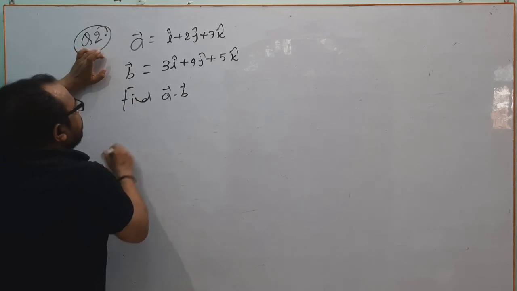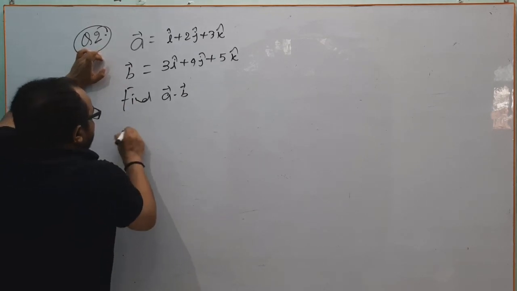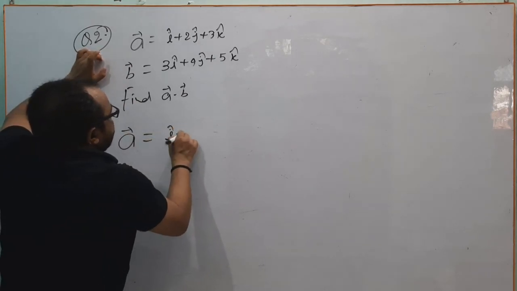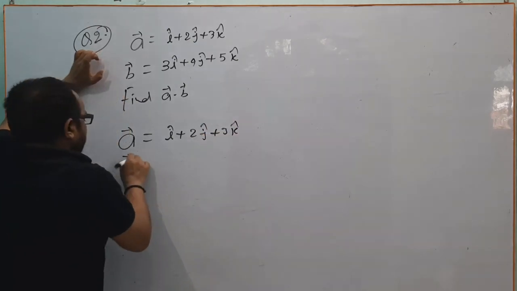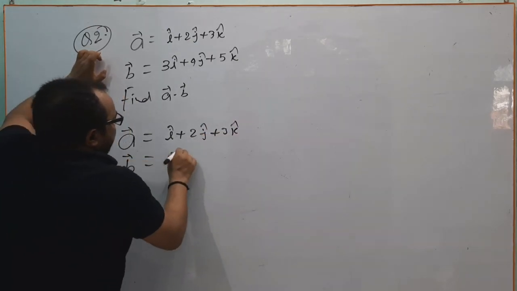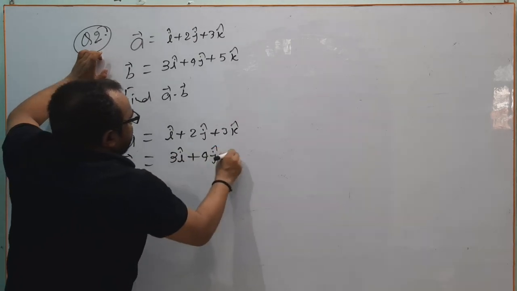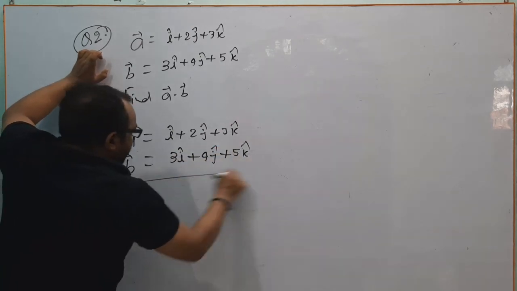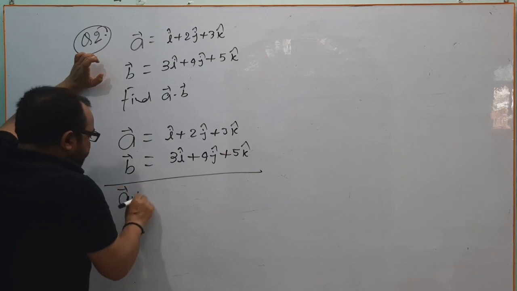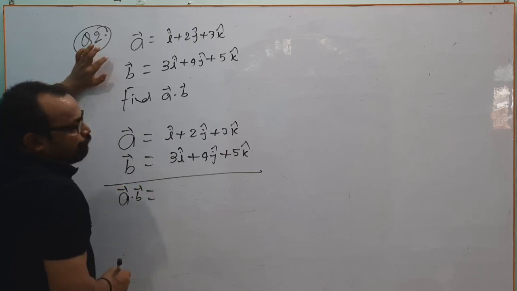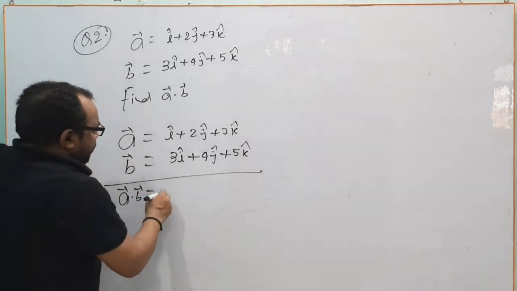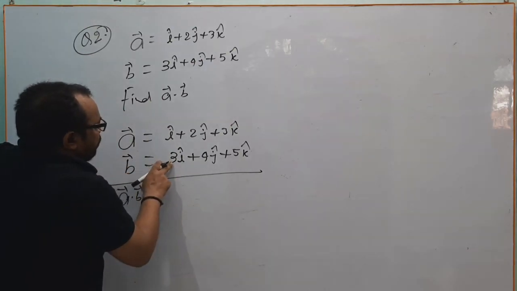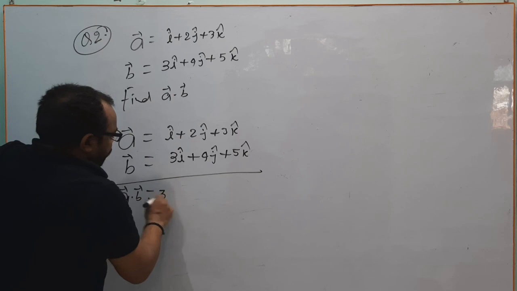From that method we can write vector A is equal to i cap plus 2j cap plus 3k cap, and vector B is equal to 3i cap plus 4j cap plus 5k cap, and A dot B can be written as the coefficients of i cap in both vectors multiplied together, and the multiplication of 3 and 1 is 3.